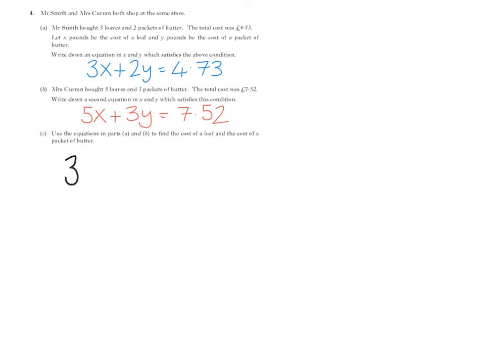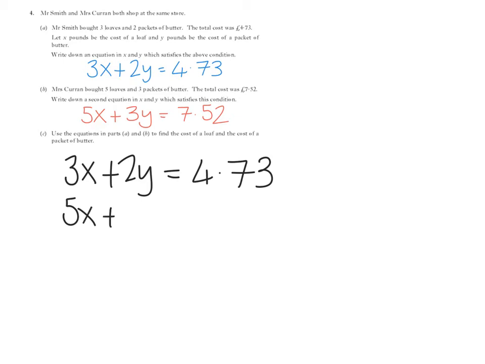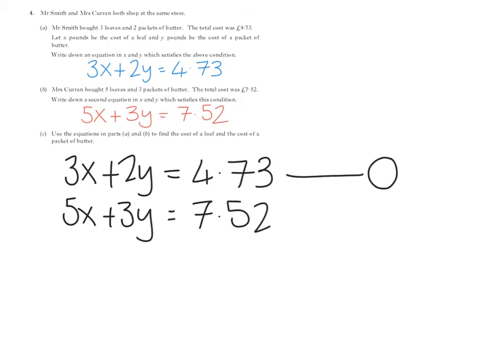We have our first equation, 3x plus 2y equals £4.73, and 5x plus 3y equals £7.52. We'll call this one equation number 1 and this one equation number 2.